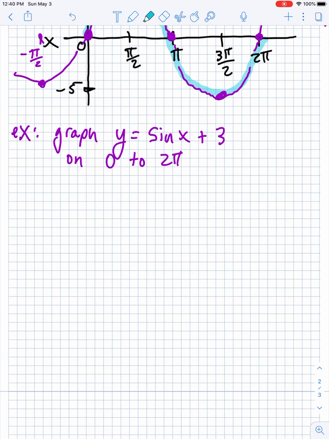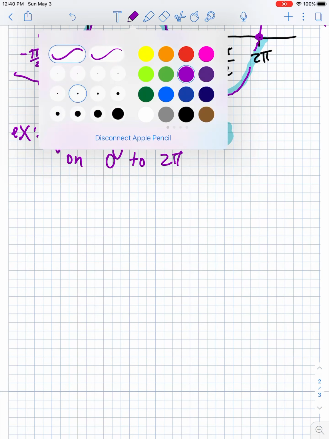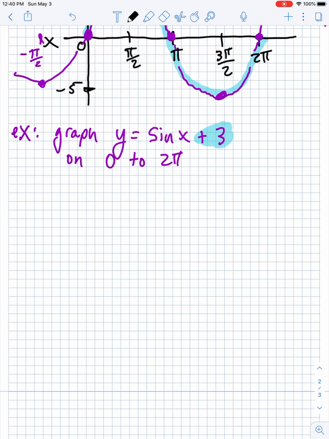So, you guys, this 3 on the end here, don't forget all the transformations we've done. The sine curves behave the same way as any other function, where that plus 3 on the end is just your vertical shift. So that means instead of going from -1 to +1, it's going to oscillate around the 3. So it'll go up 1, down 1 from 3. So it means it'll go up to 4 and down to 2.